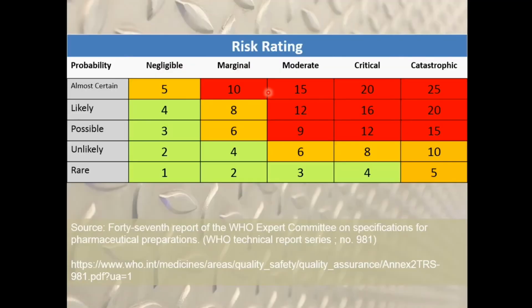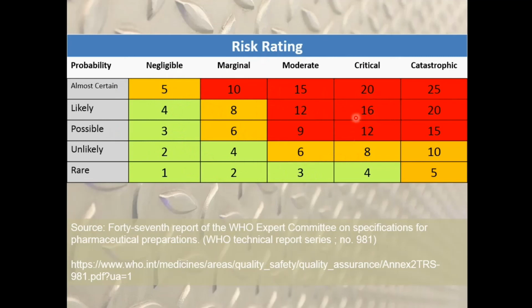We combine the scores of probability and impact in this table to get a risk rating. The green zone means an acceptable risk. The orange zone means a manageable risk. And the red area is an unacceptable risk that needs to be eliminated or reduced.